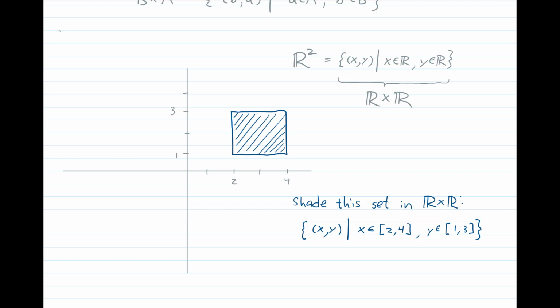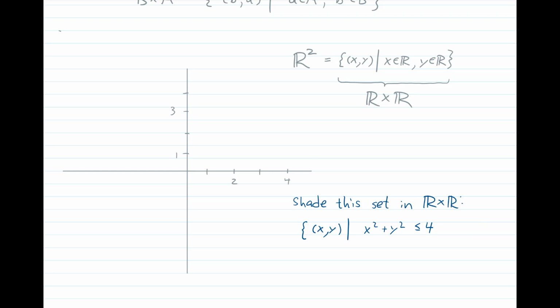Okay. Let's do another one. Let's shade this set. The set of all ordered pairs (x, y) such that x squared plus y squared is less than or equal to 4. Do you recognize that?